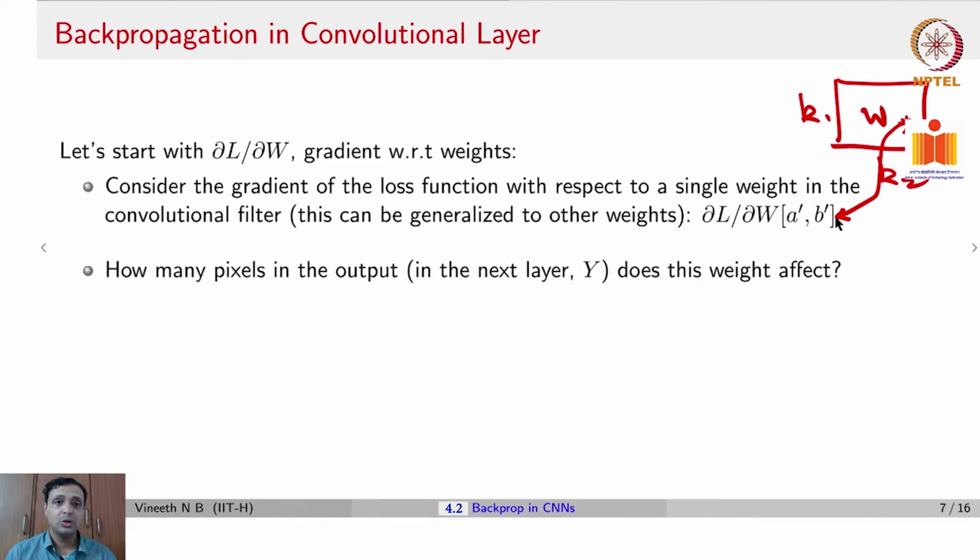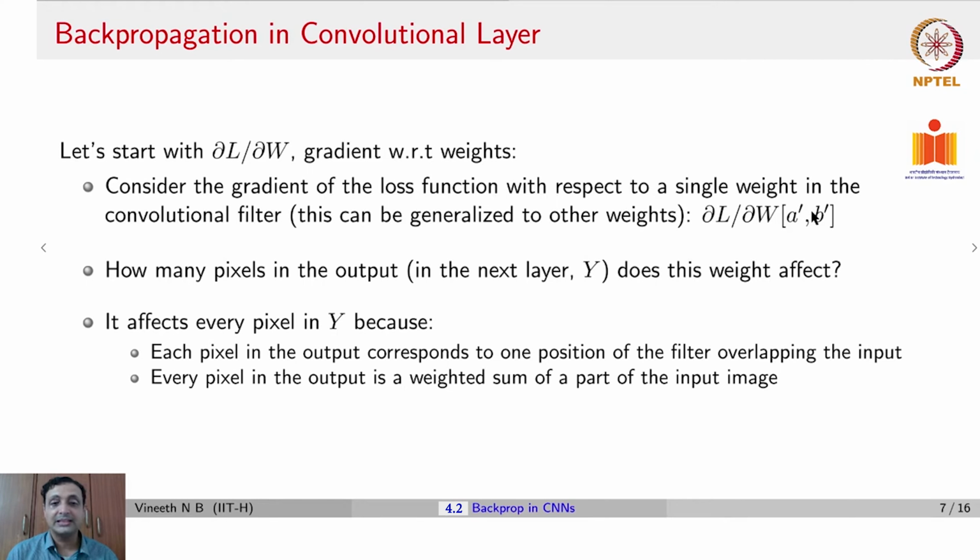Because remember, the way backpropagation is done, all the values that a particular pixel impacts in the next layer, we have to accumulate all those gradients back into the gradient at that particular pixel. This is what we saw with feed-forward neural networks. So in this case, the question is, if we took the weight at (a', b'), what all pixels in the next layer's map does that particular weight affect?